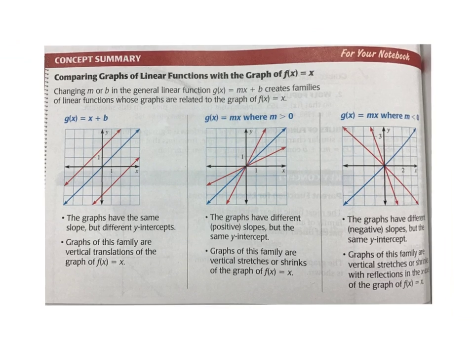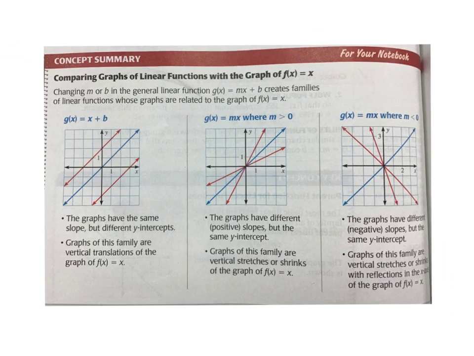So I'm just going to go over this summary. You do not have to put it in your books, but I do want to go over it. Okay, so when you're comparing graphs, which we just did, changing the slope, which is represented by m, or b, which is the y-intercept, creates families of linear functions whose graphs are related to the origin, the parent function.